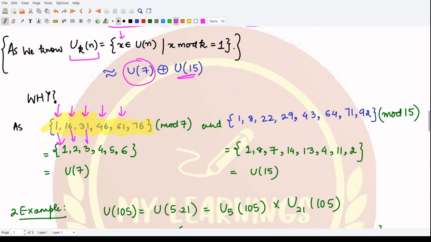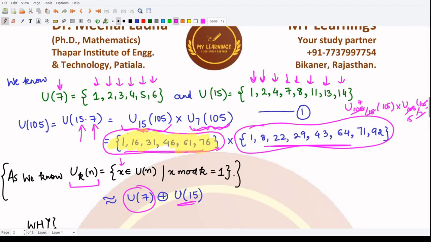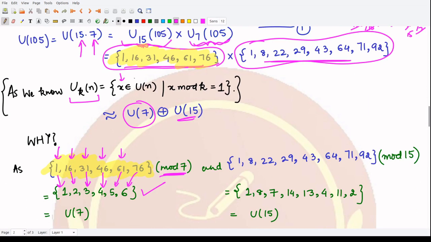Then 28 goes on 7, 3 is left behind. 42 goes on 7, 4 is left behind. 56 goes on 7, so 5 is left behind. And 70 goes on 7, so 6 is left behind. So you see, when you take its mod 7, you get this set. And what is this set? This set was U7, correct? Hence, you can write this as U7. Similarly, you can write this as U15, right?